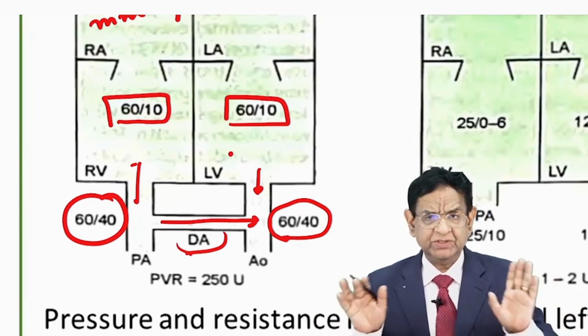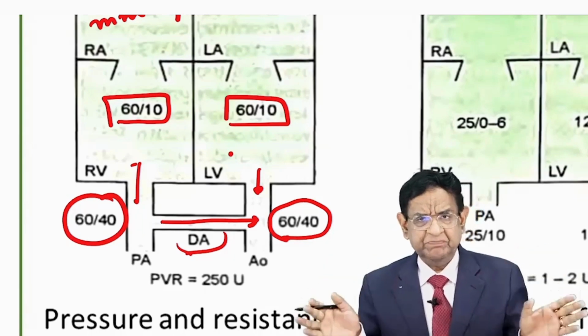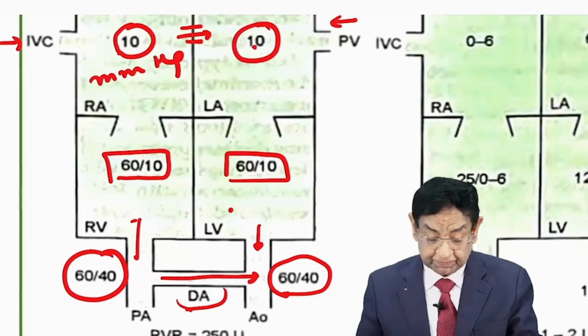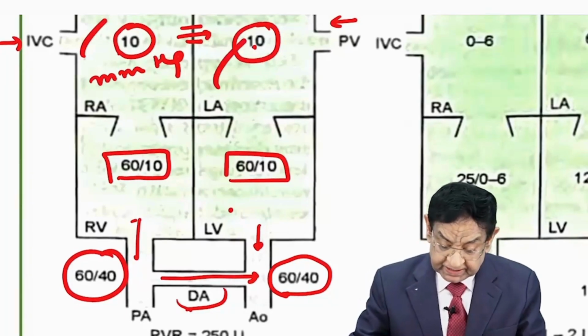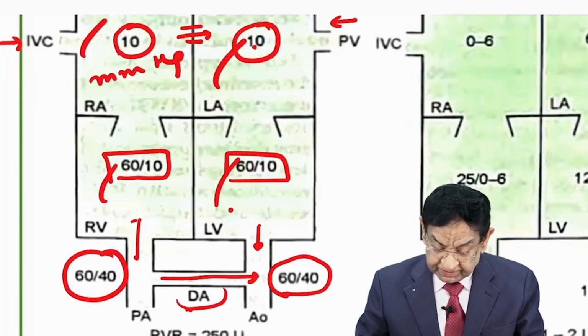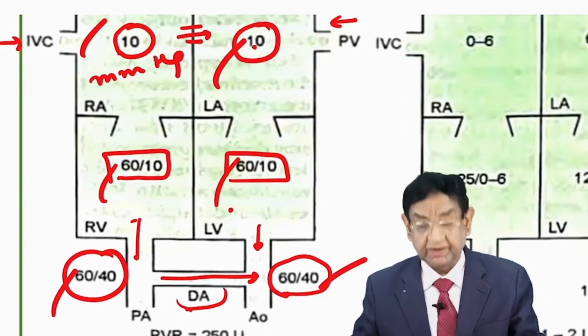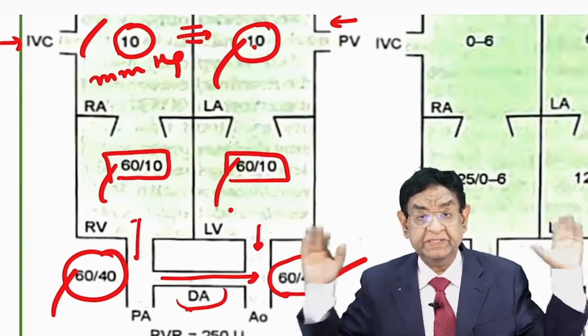So by and large, pressure 10, 10, 60, 10, 60, 40, 60, 40. Exactly the same.